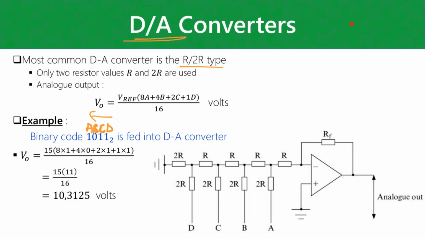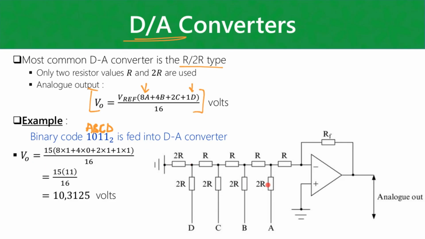They have A as the first one, which doesn't work that way in reality. It works this way: A, B, C, D, and A is going to be your most significant bit, so that's going to carry the highest value. And then D is your least significant bit, which carries the least value. That's what the formula for your output voltage is going to look like.